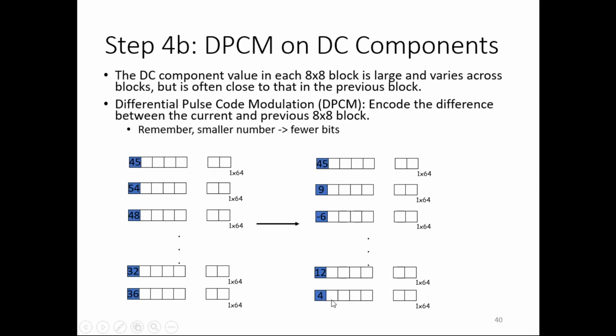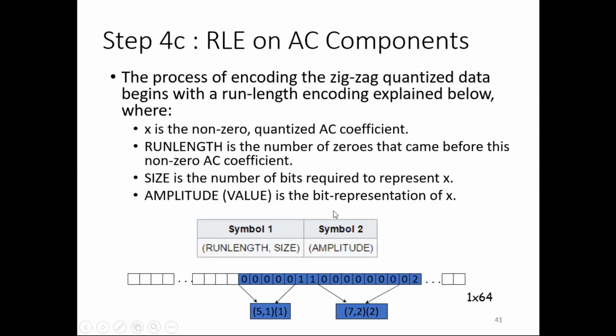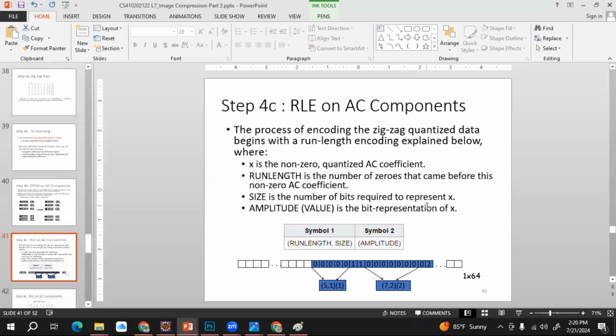We have come up with these numbers after applying the DPCM algorithm to the DC component. Then for the AC component, we apply run length encoding. It is a bit different, so I will show you the example.